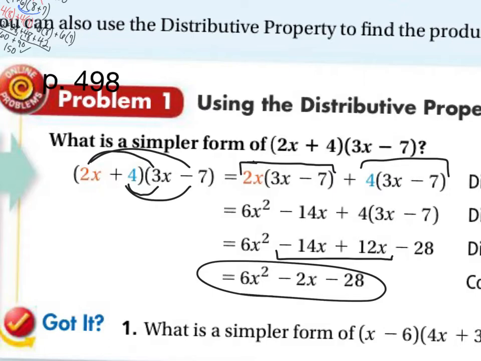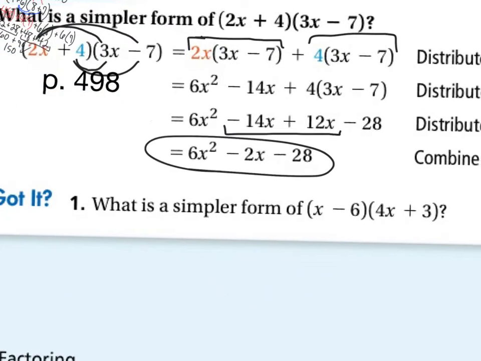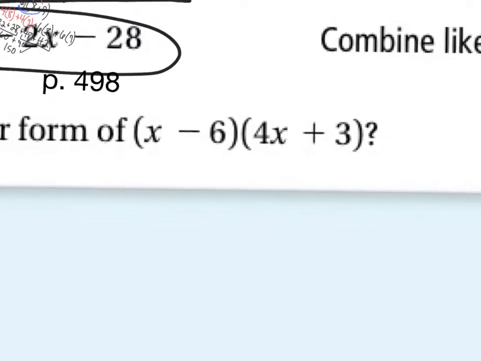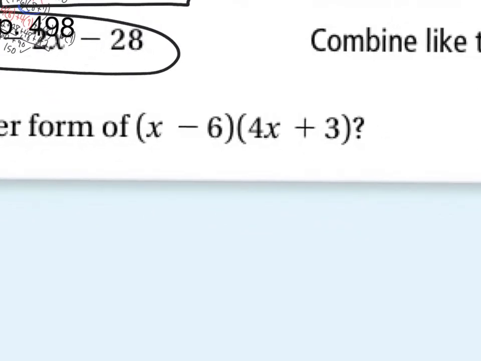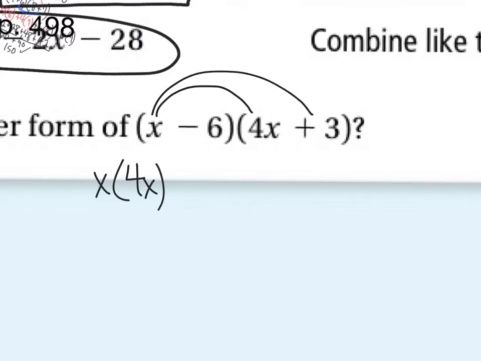Again, not going through all the details there because we're going to look at another very similar problem. So if you look at the Got It 1, they want a simpler form of this. So I'm going to distribute the x to both of these. And then you can either add the opposite here or you can circle that as a -6, but we need to see that as a -6.